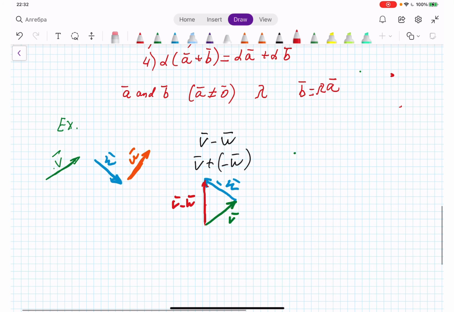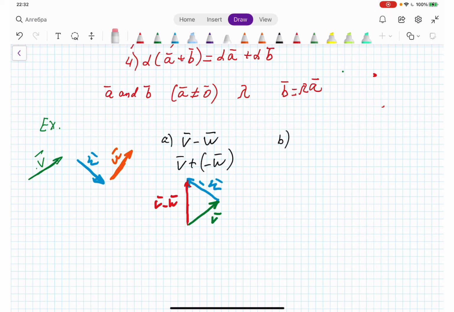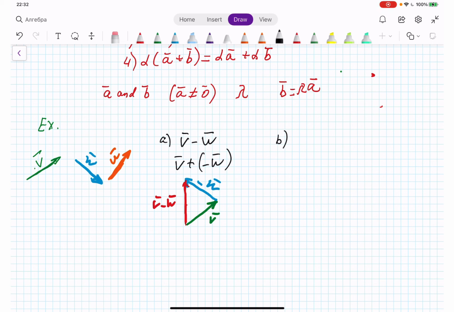Next, case B. Let's say 3V plus 2W. 3 times vector V. All right, not precisely 3 times, but assuming 3 times vector V. Next, 2W.